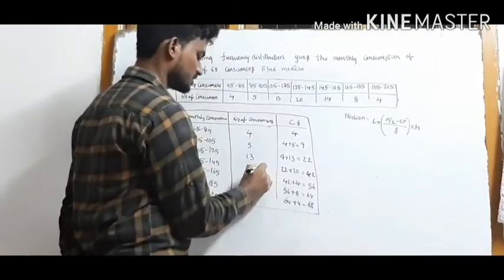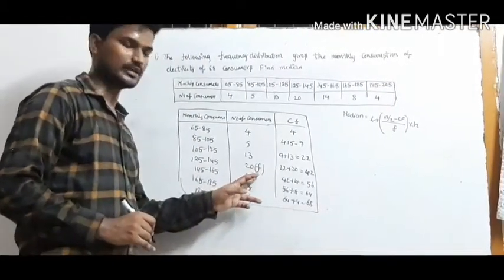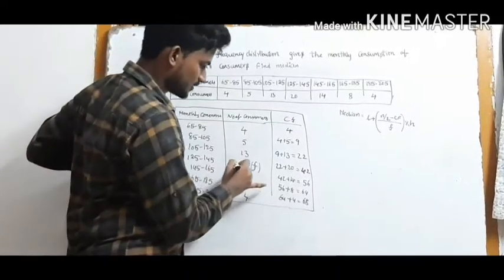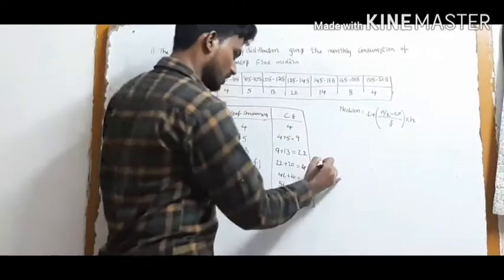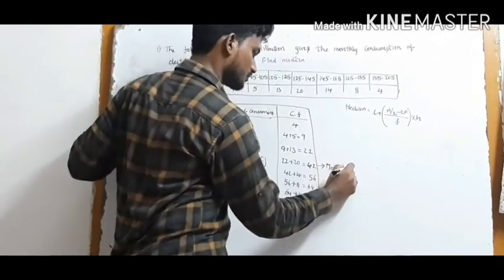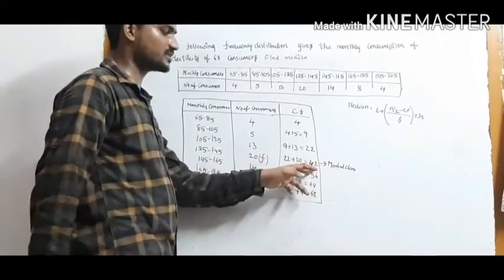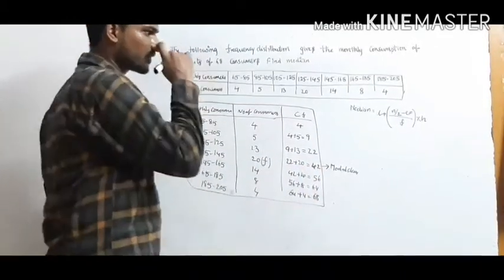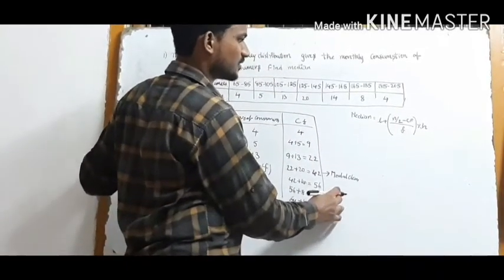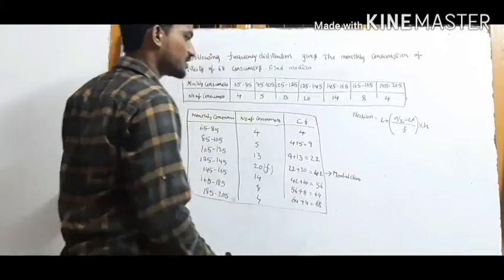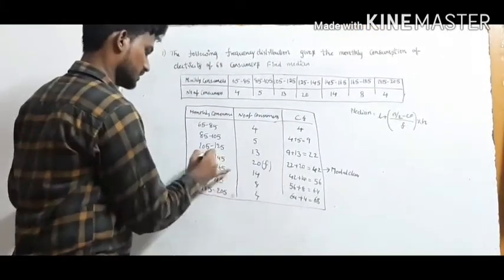This 20 is the highest value, so f equals 20. That class is known as the modal class.